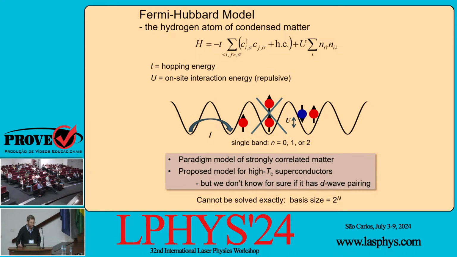So our goal in these models is to understand the Hubbard model and therefore, by extension, to try to understand high-temperature superconductivity. It can't be solved exactly because even though this is simple to write down, it's extremely difficult to solve. And that's because the basis size scales as 2 to the N, where 2 is the spin direction.